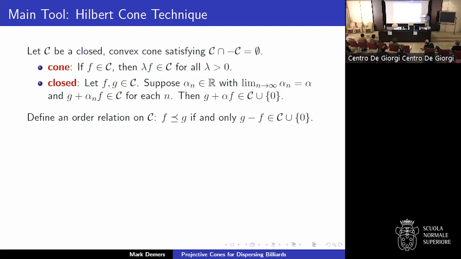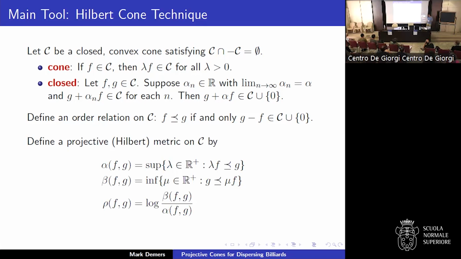And then you can define a partial ordering on the cone by saying f precedes g if g minus f is in the cone union 0, and then you use that partial ordering to define the Hilbert metric. So you're taking the sup over all the multiples so that lambda f stays below g, the inf over all the multiples so that mu f stays above g, and then that ratio beta over alpha, the log of it, that's your projective metric.